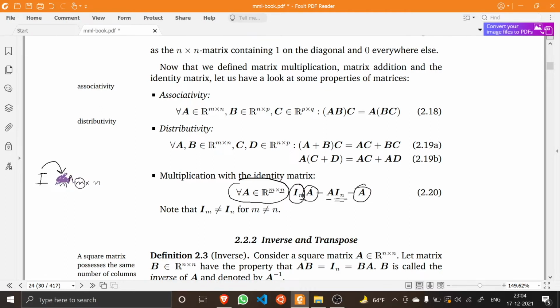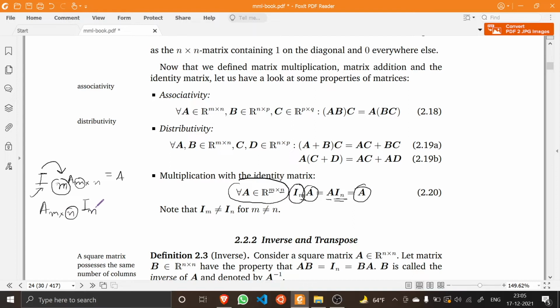Now, the identity matrix has the same number of rows and columns, so it is sufficient to say the number of columns; we automatically know the number of rows because they are the same. That's why an identity matrix with m rows and m columns is multiplied with A, which gives us A. Similarly, when we are multiplying a matrix to the right, the number of columns here should be equal to the number of rows here.